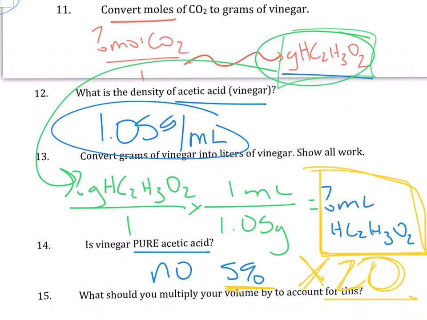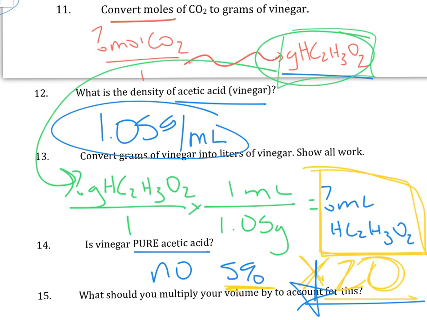Then within that 400 milliliters, 20 of that 400 is actually the acetic acid you're looking for. And that way you actually have enough acetic acid to do the reaction. So this is the number you'll actually measure and pour, rather than your grams of vinegar from the previous step.